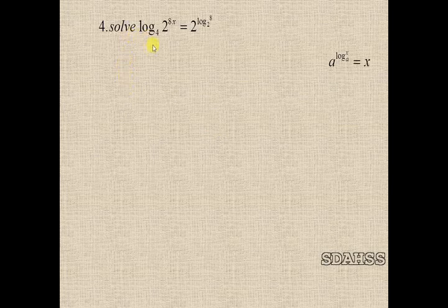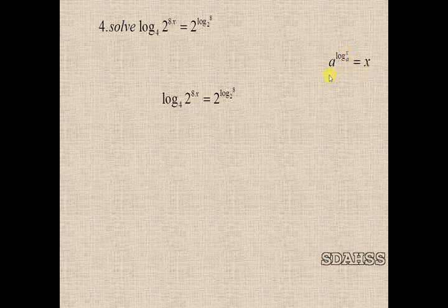Solve log 2 power 8x base 4 is equal to 2 power log 8 base 2. We know that a power log x base a is equal to x.